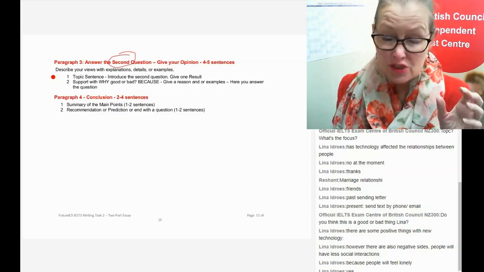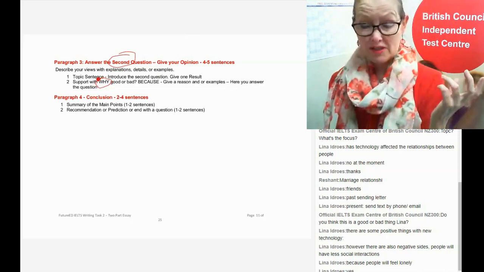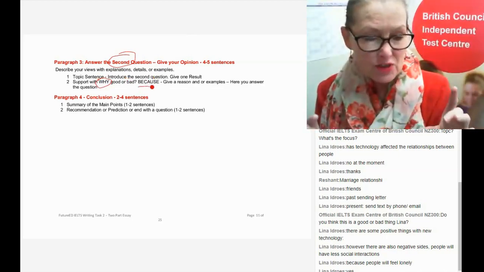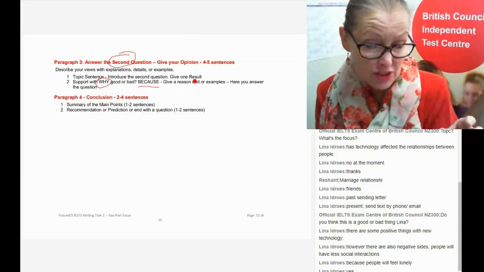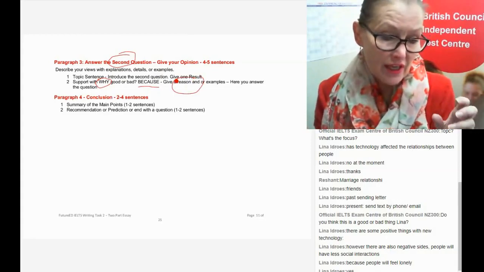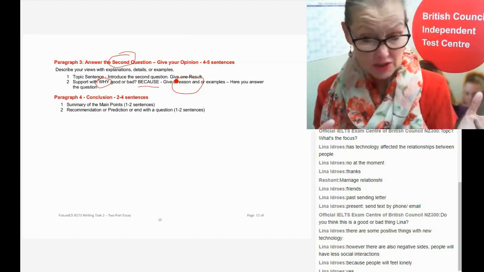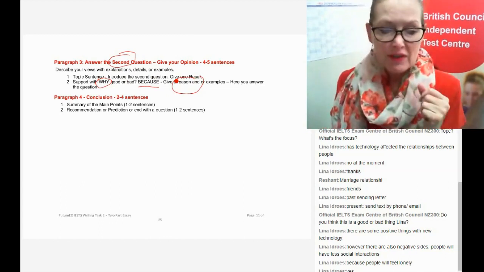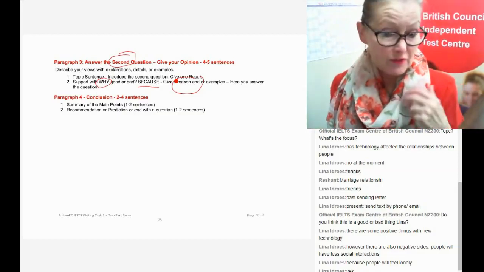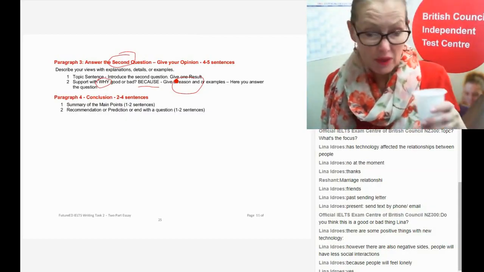But if you're short of words, if you're somebody who finds it difficult to find a lot to write about something, then you can have two main ideas, two different kinds of relationships, and then have less on each kind of relationship, but you've still answered the topic. But be careful, especially if you struggle with time, you struggle to write fast enough, and maybe just tackle one.